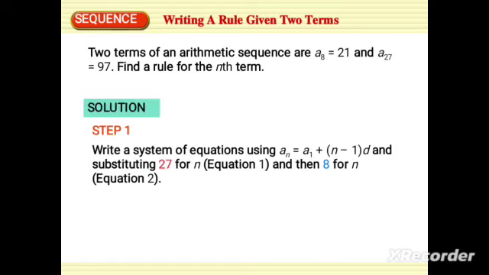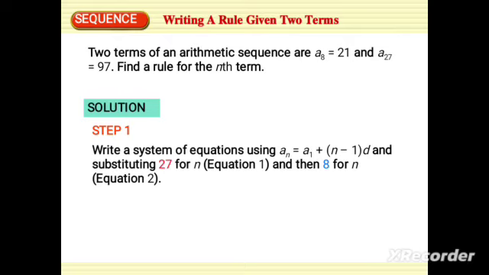So here we are going to form 2 equations, because when we have the 8th term being equated to 21, that means we have a plus 7d is equal to 21. That is an equation, the first equation, of course. And then we need to also find the equation for the other one.